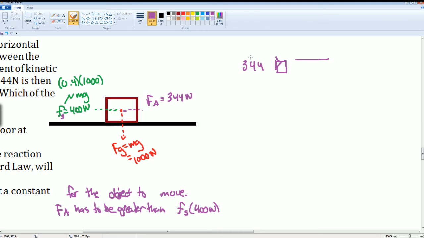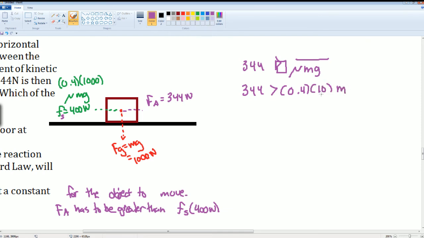We have mu, which does not change, and we have force of gravity. Mu is given as 0.4, and gravity is given as 10. We do not know what the mass is.